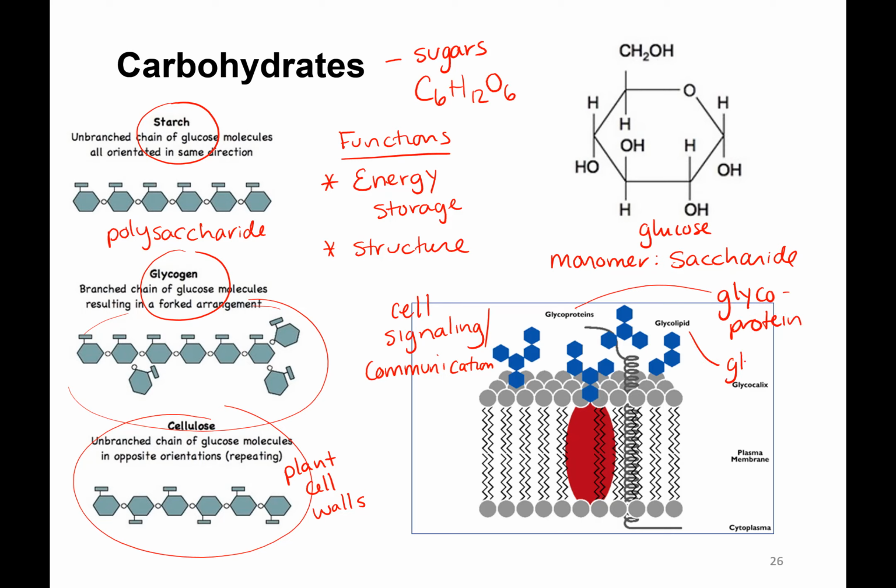And what that means is that they have sugars attached to a protein or attached to a lipid molecule. Okay. Glyco means sugar and what it's attached to. So these are important for, on the outside of cells, for cells to be able to communicate with each other. So there you've got some functions of carbohydrates and the general structure.